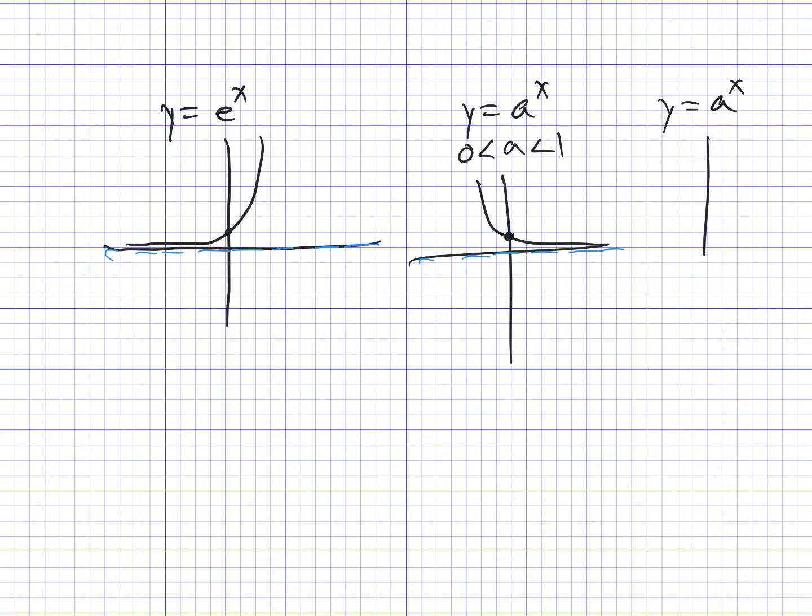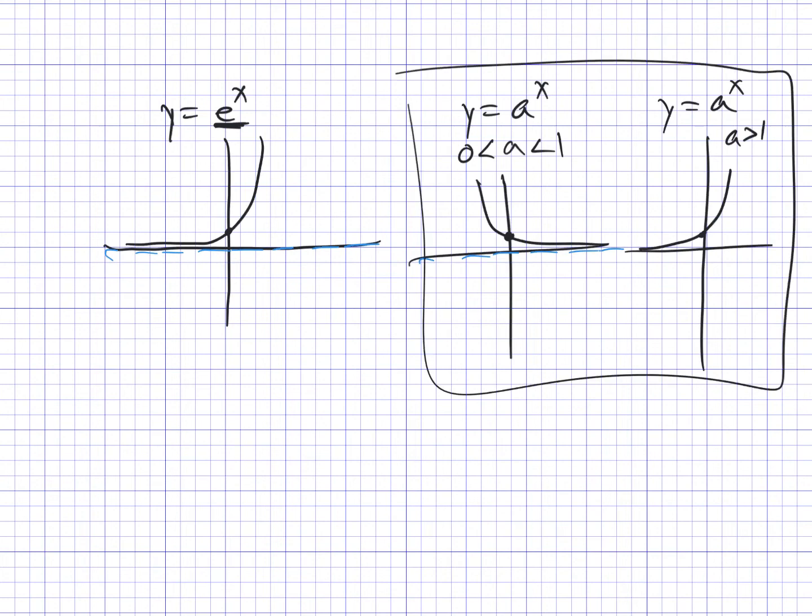And if a is bigger than 1, like e, which is 2.718, this is going to go up. Knowing the parent function, you should be able to graph any of these that I throw at you.